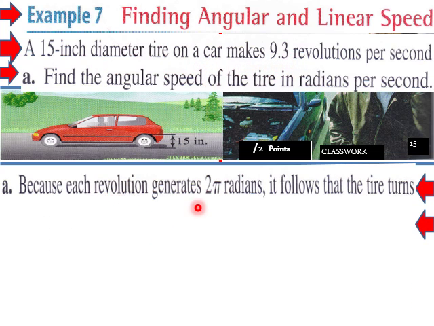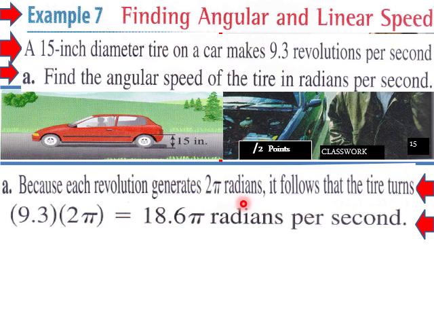So because each revolution generates 2 pi radians, it follows that the tire turns 9.3 revolutions times 2 pi equals 18.6 pi radians per second. We know we can get that much from what we're given up here.